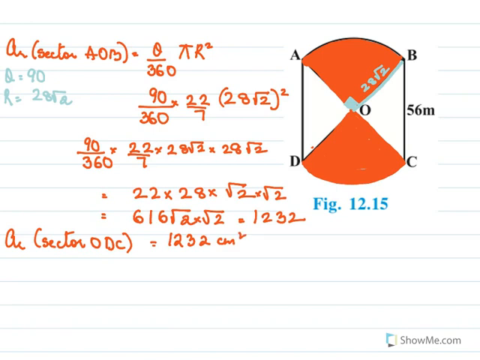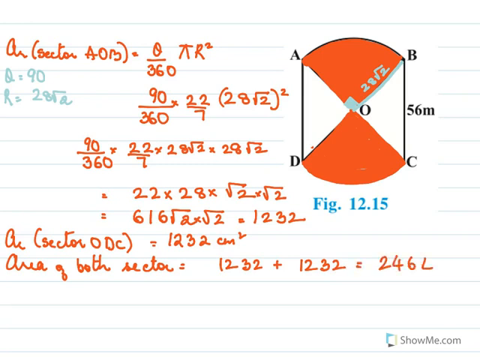So total area of both the sectors is 1232 plus 1232, which is 2464.